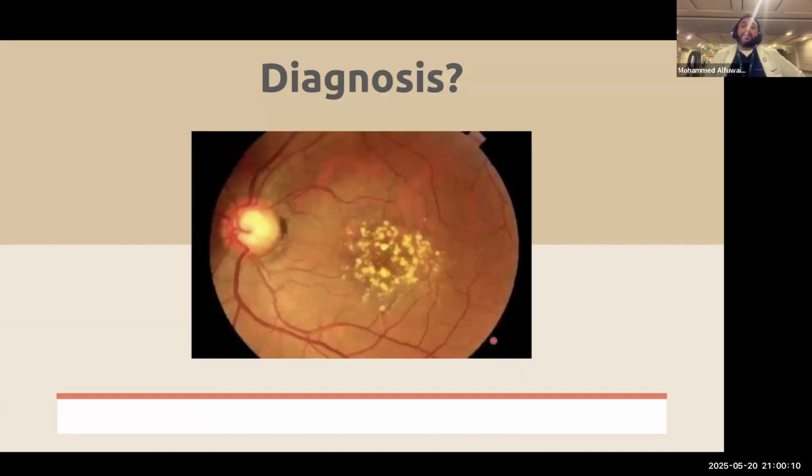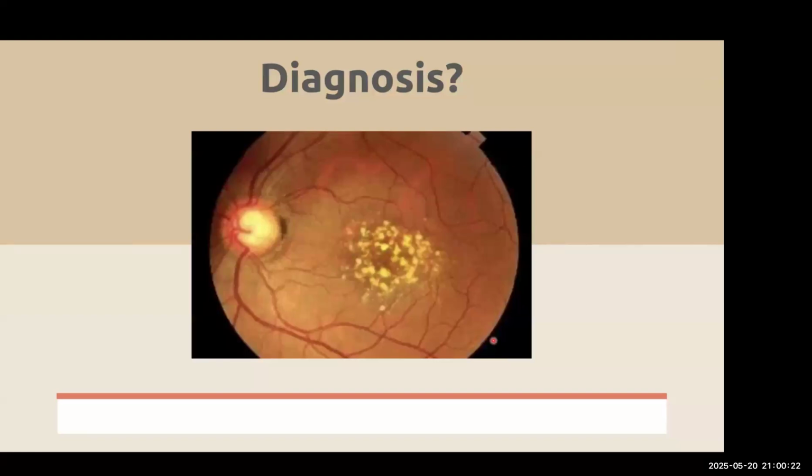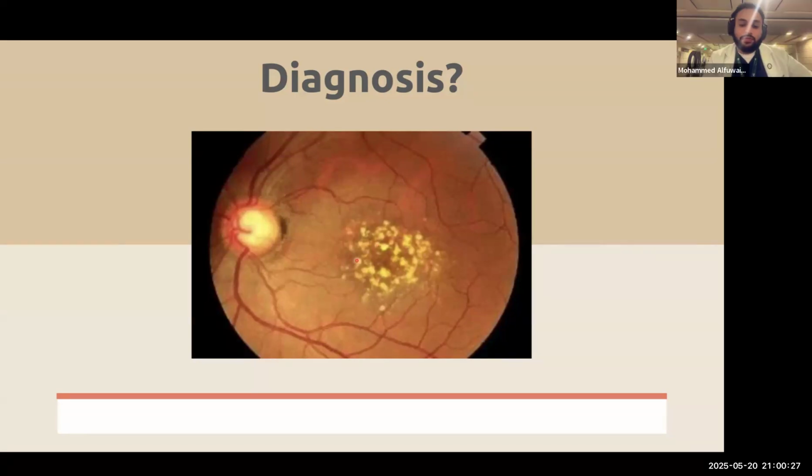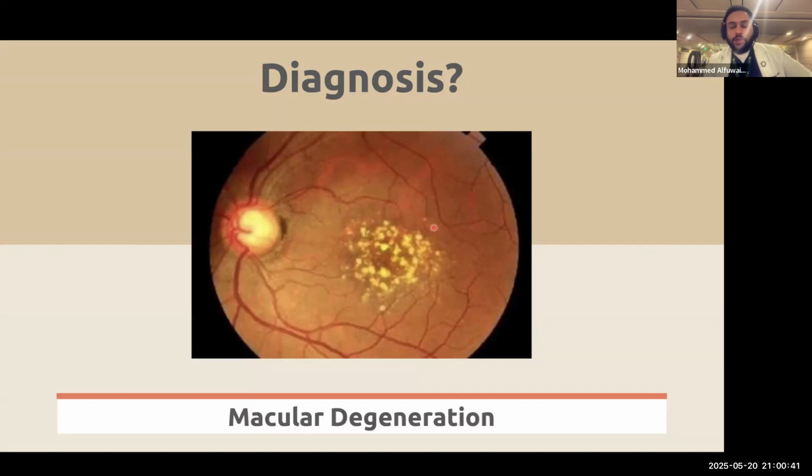Now, you have this elderly patient who presents to you with central vision loss. Central. Most of these causes, by the way, are more peripheral. This one is central vision loss. Macular degeneration. What do we call these deposits at the macula? You guys need to tell me. This is high yield.